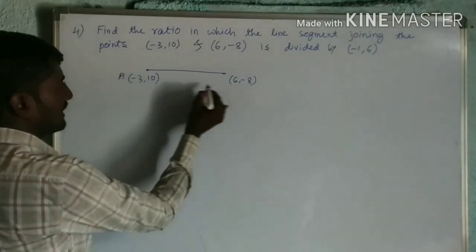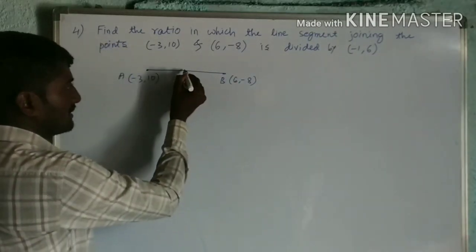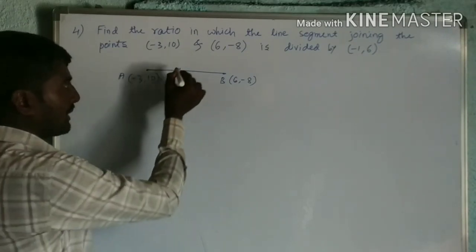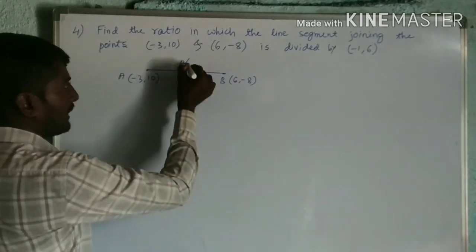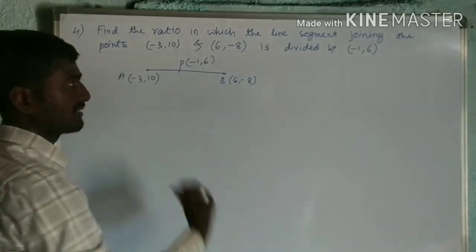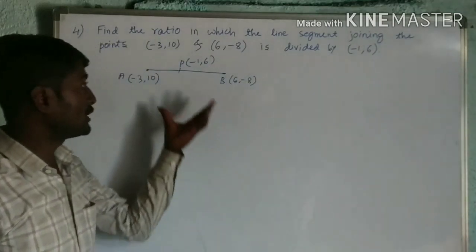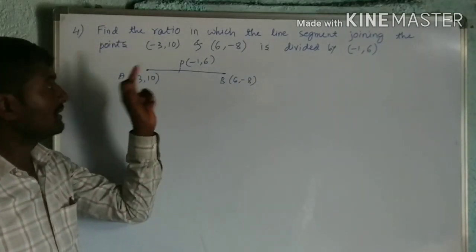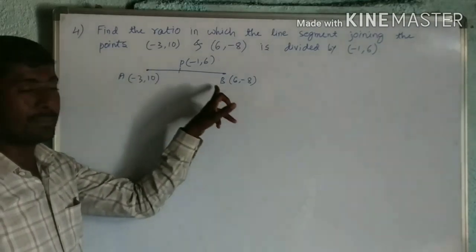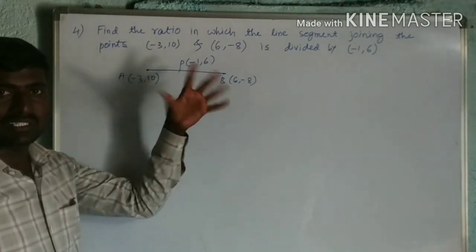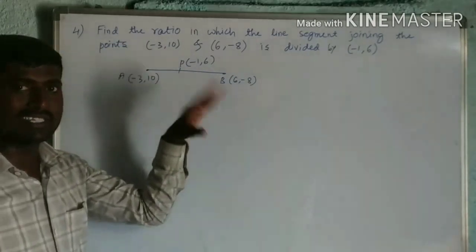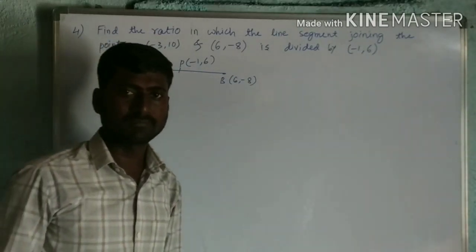I'll take this as A and this as B. This line AB is divided by the point P, which is given as minus 1 comma 6. But here the ratio is not given. You have to find the ratio, M1 is to M2.